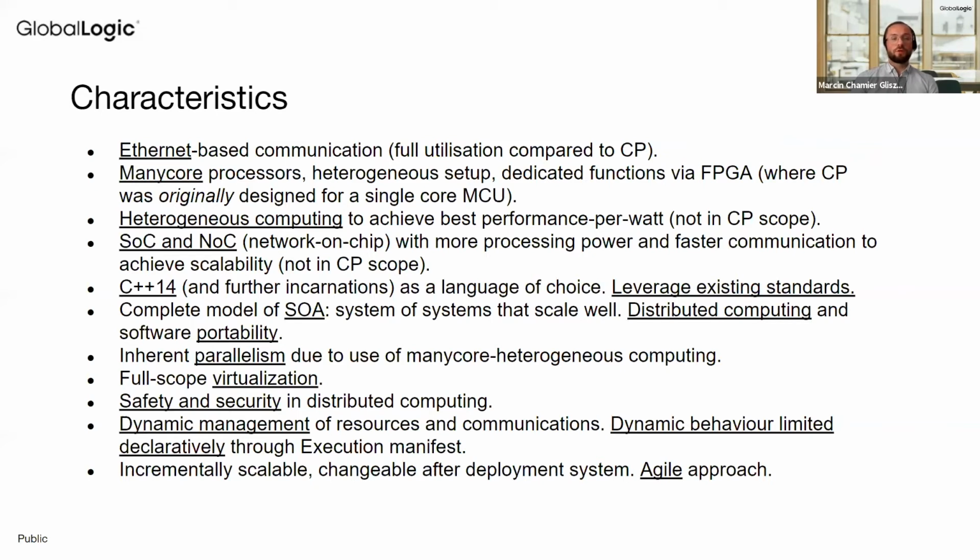We have multi-core processors, heterogeneous computing to achieve the best performance per watt, and network on chip. All the applications right now use C++14, and in the future, for sure, C++17 or newer will be used as the language of choice.